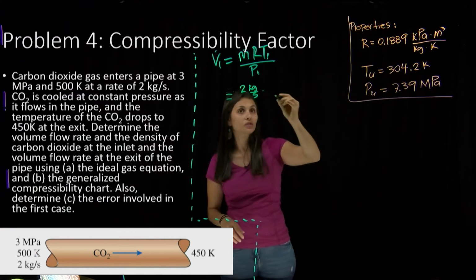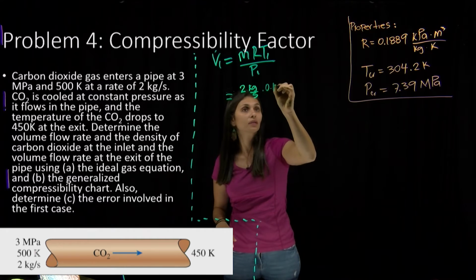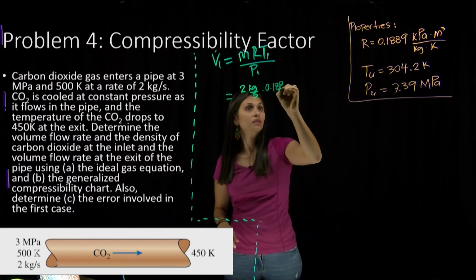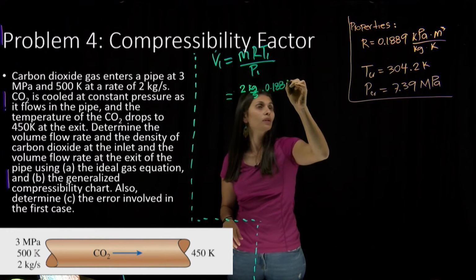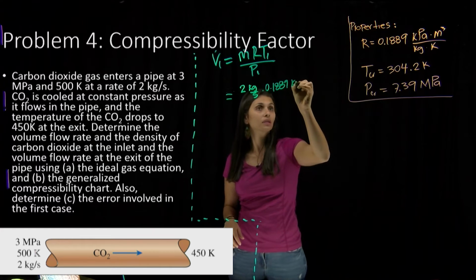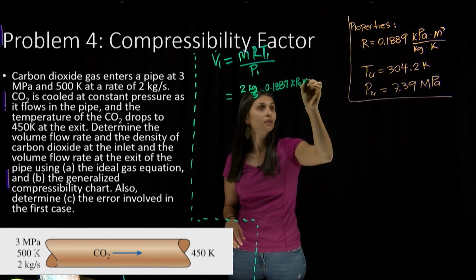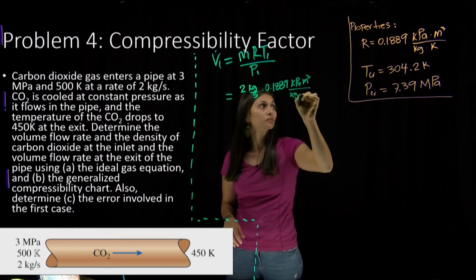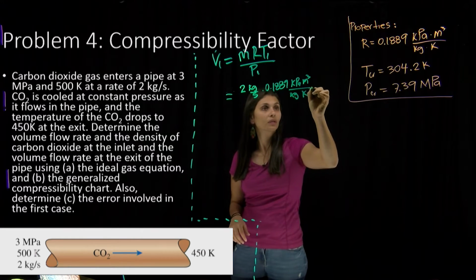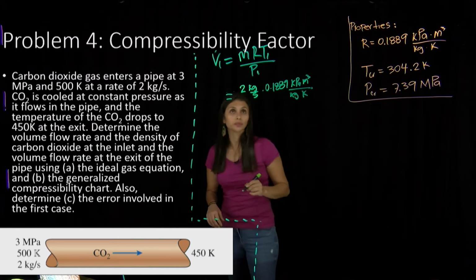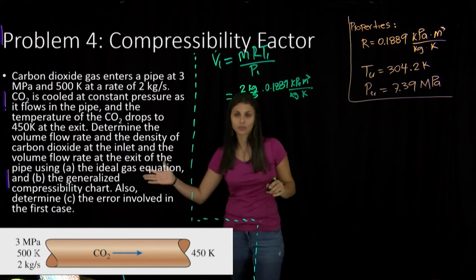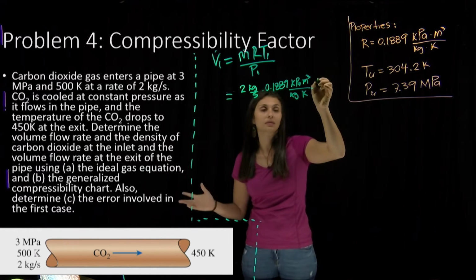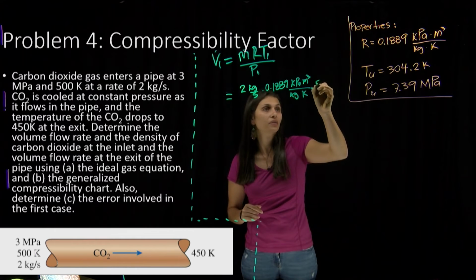Then our constant for carbon dioxide gas is 0.1889. And the initial temperature at the inlet is 500 Kelvin.